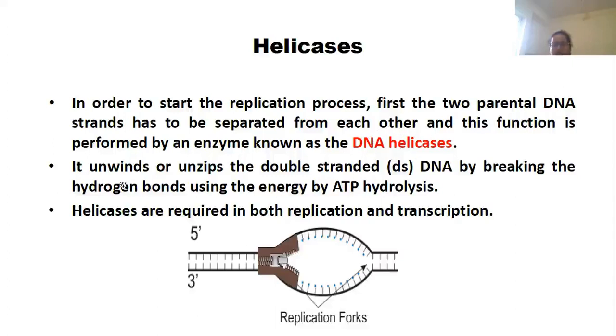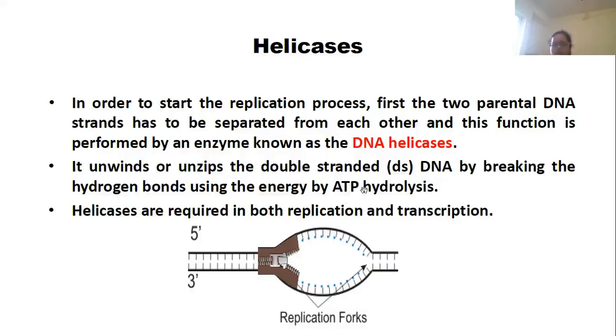So why is the separation of the DNA double helix required? In order to make the complementary strands on the separated parental strands. So in order to start the replication process, first the two parental strands have to be separated from each other, and this function is carried out by the enzyme called DNA helicase.